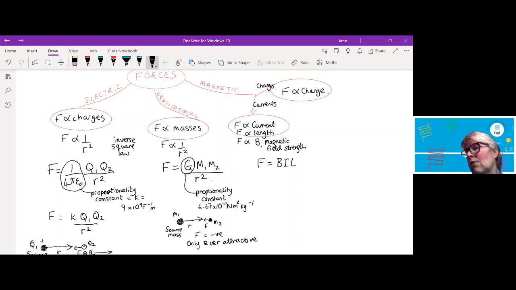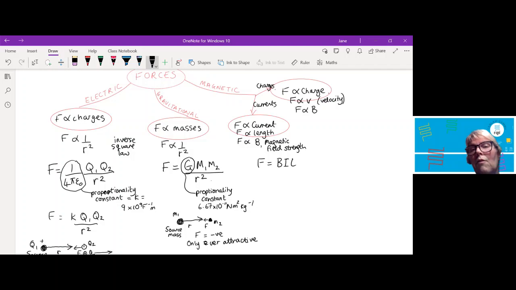Equally, we can do the same for force on a charge moving in a magnetic field. The force is proportional to the charge. The force is also proportional to the speed with which that charge is moving. So that's your velocity, not to be confused here with voltage at all. It's a small v. And the force is also proportional to the magnetic field strength that it's traveling through.